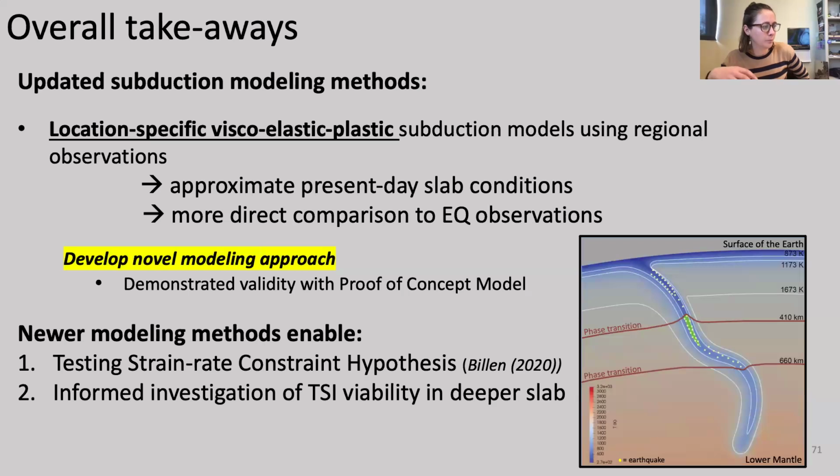I also showed you a proof of concept model supporting the validity of this newer modeling approach that we developed, and just kind of overall that these newer methods are allowing us to test the strain rate constraint hypothesis that was proposed a few years ago, and also inform the investigation of thermal shear instability viability in the deeper slab than it has been investigated previously.